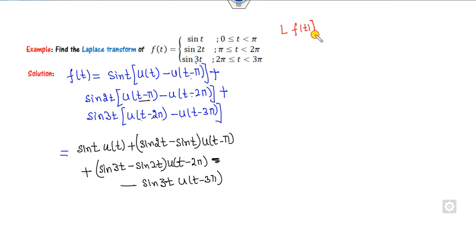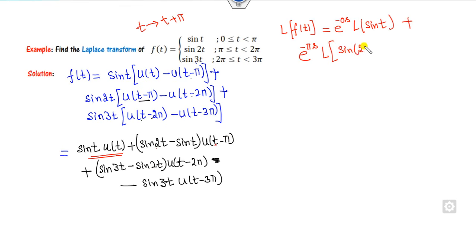What is the Laplace transformation of this? The first case, a is 0, e raised to power 0s, Laplace of sine t, plus in this case a is π, so e raised to power minus πs. I can replace t with t plus a. So it's sine of 2π plus 2t minus sine of t plus π, plus for this case a is 2π, so e raised to power minus 2πs.